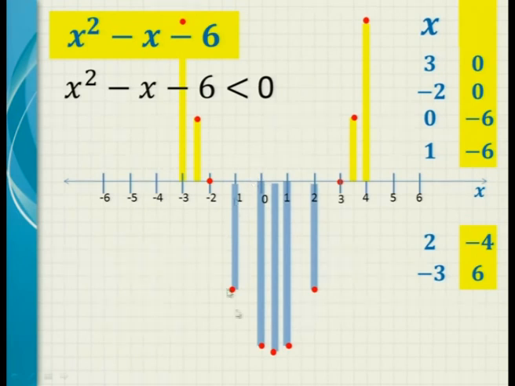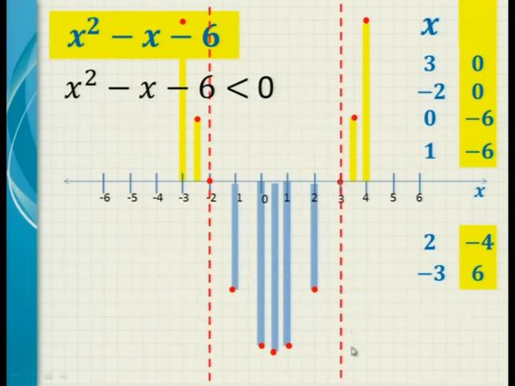So everything in blue is less than 0. The yellow box values are less than 0. And where do we find those values? Between that point and that point. So I can draw two lines here, and I can say, if the x value is between those two lines, the yellow box value will be below the line, will be negative.